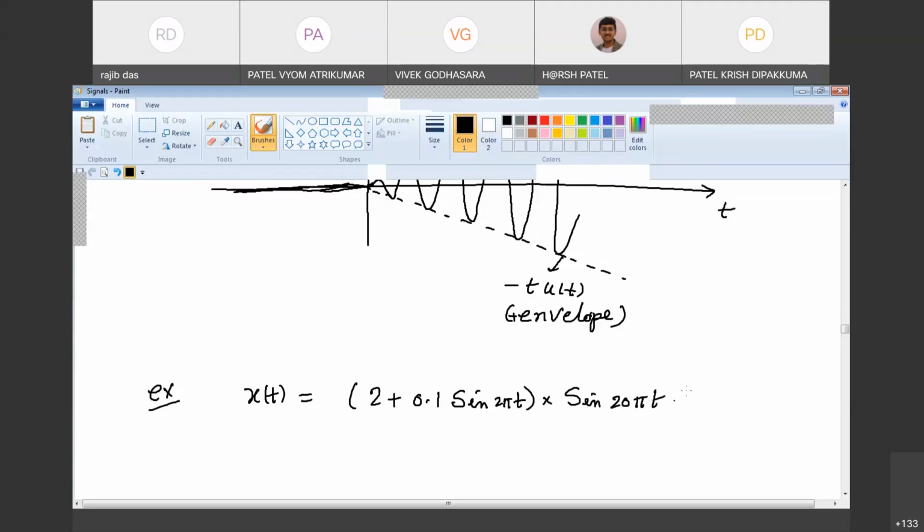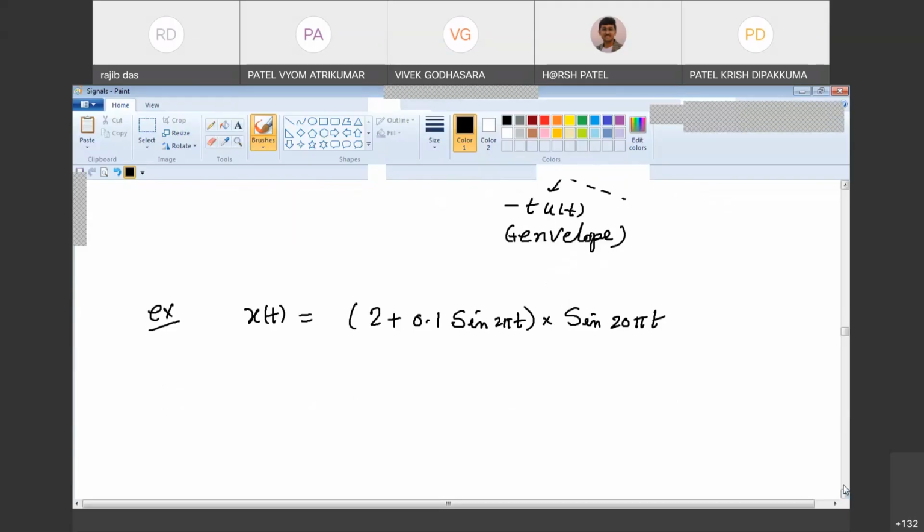No, it is multiplied. So can you draw this signal?